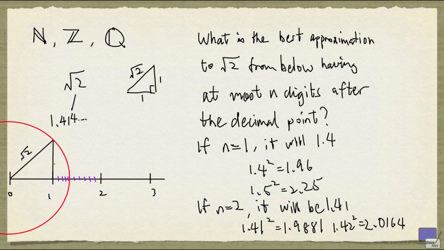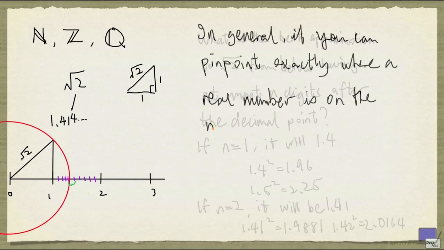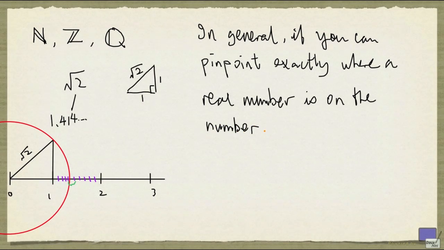And to get the second digit, what you do is you chop up this interval between 1.4 and 1.5 into 10 pieces, and you'll notice that it is just over 1/10 of this interval from 1.4, and so on. So if you manage to do this repeatedly, you'll get an approximation of the square root of 2 with as many digits as you like.